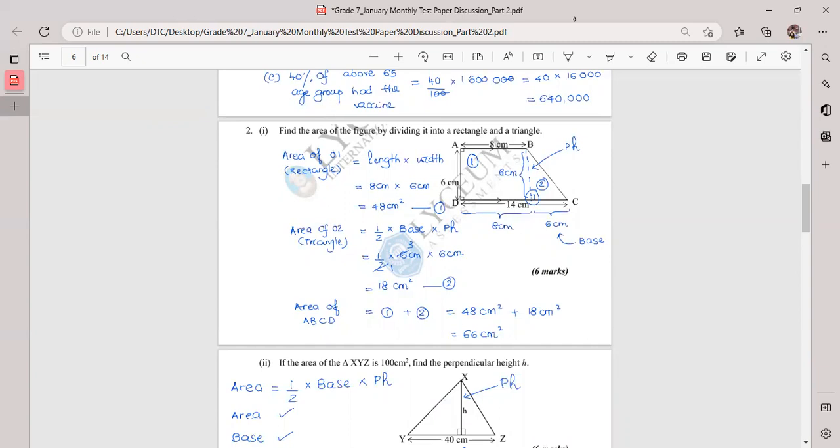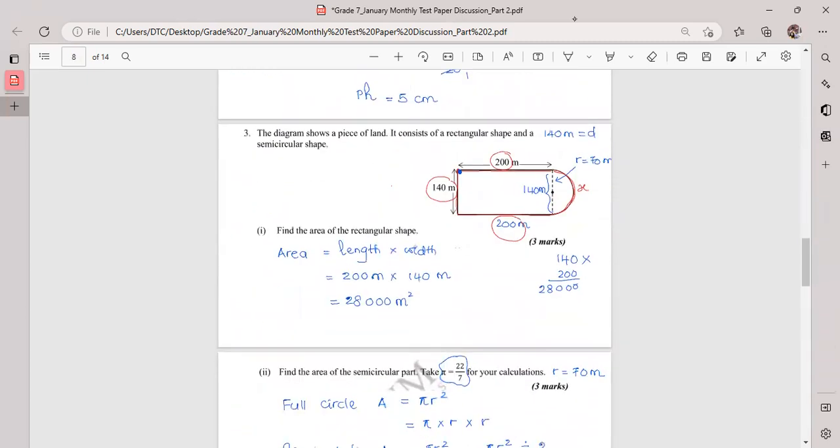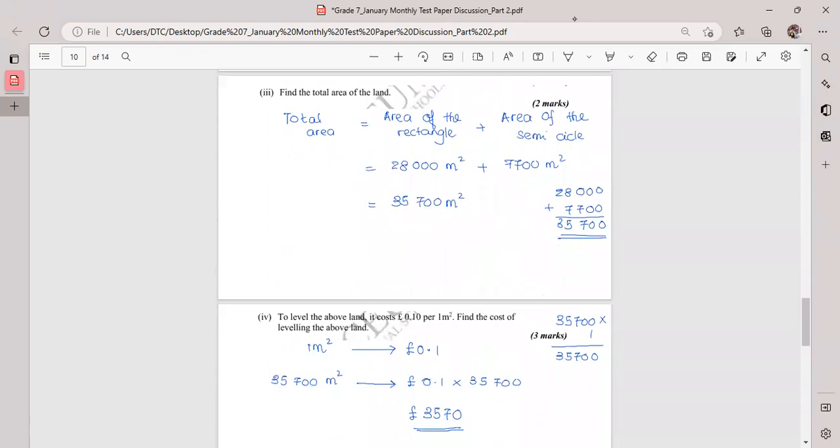You can have a note like this, where you mark the perpendicular height, base, and you can mark 1 and 2, or else if time permits, you can quickly draw this diagram. These are not complicated, so you can draw this. Okay, children, so that is the end of part 2.